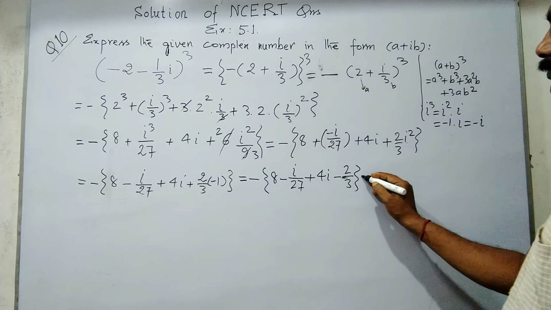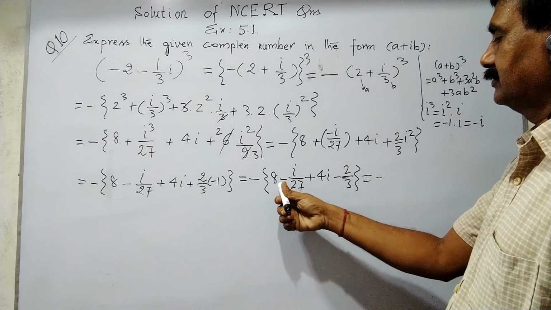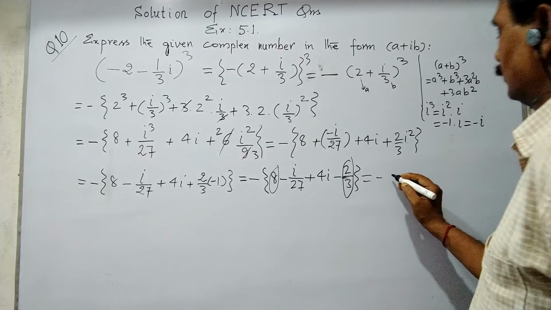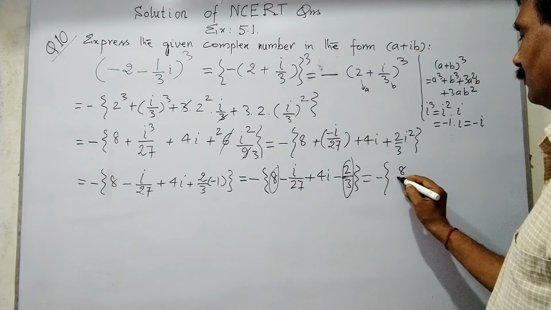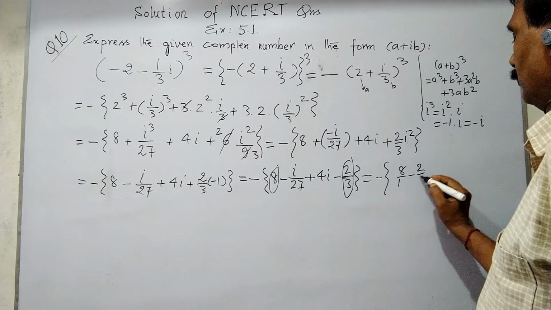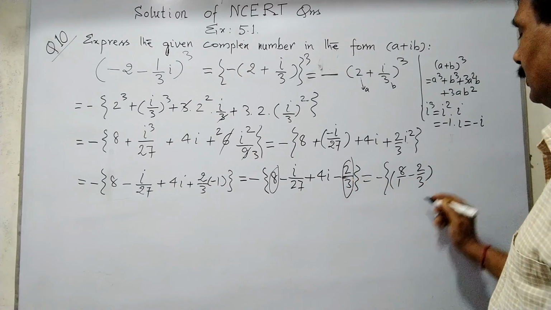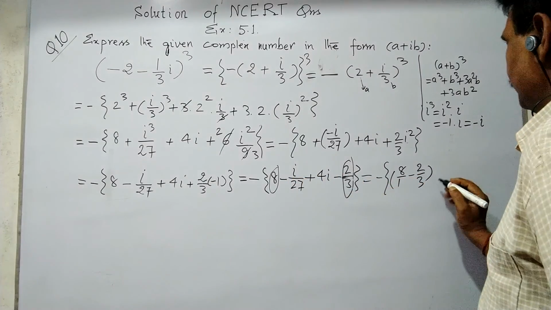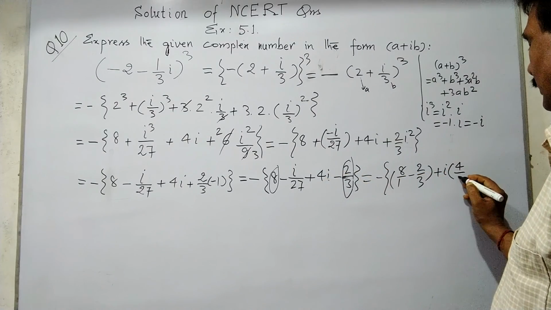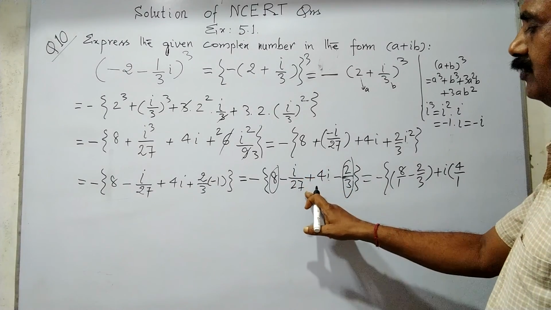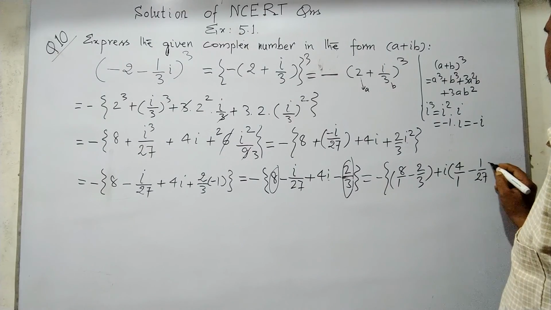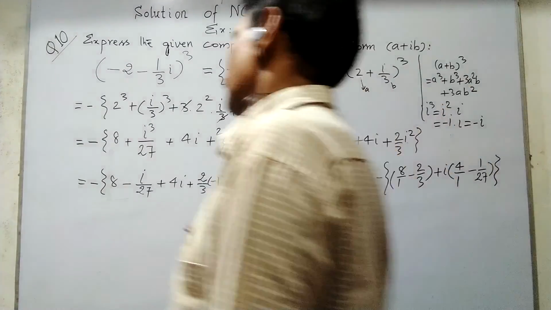What we are going to do here: this one is the real number, take it together, minus 8 by 1, and this is minus 2 by 3. Now take i common here, and when you take i common, this becomes 4 by 1, and this is minus 1 by 27, and here the bracket closes.